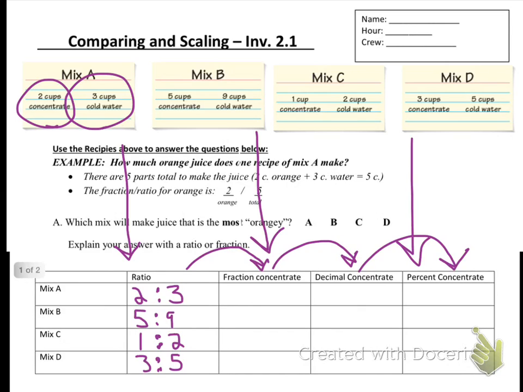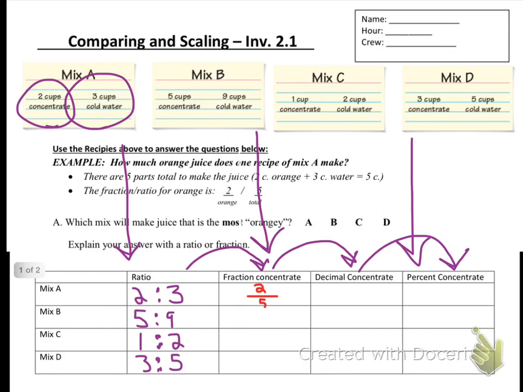The next step is I need to take that ratio and turn it into a fraction. How much concentrate is in the very first one, mix A? It has 2 parts concentrate over how many total cups are going into it. How many total cups? That's water plus concentrate.